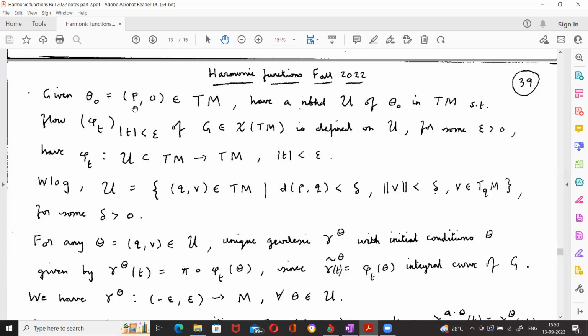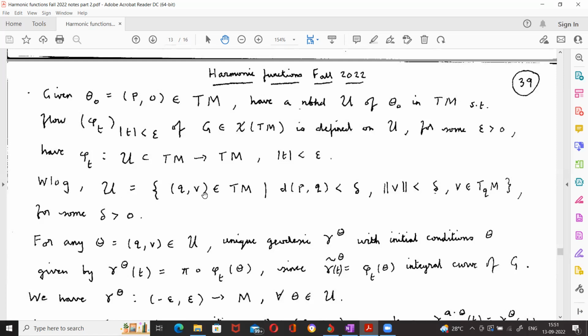It will look like points Q of the manifold which are close to P, so that distance PQ is less than delta for some delta, and tangent vectors nearby which are small in norm, since this vector is 0. So you get pairs Q comma V, so that Q is close to P and V is close to 0, so norm V is less than delta, where V belongs to T_Q M. So we can get such a neighborhood U for some delta positive, where the flow of the geodesic vector field is defined for time epsilon for all tangent vectors in this neighborhood.